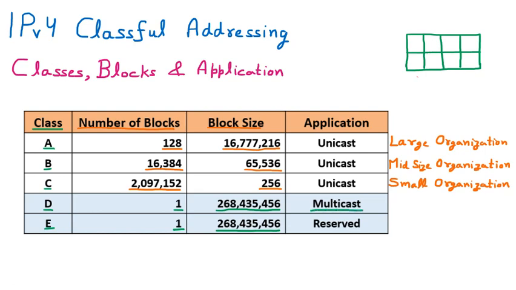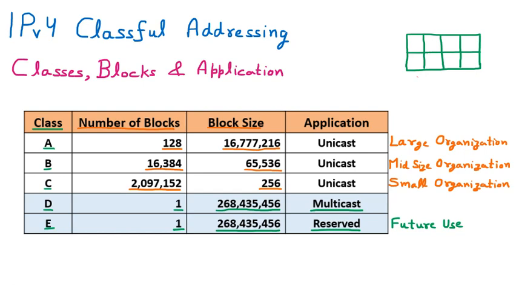Multicast means whenever we are sending a message to multiple people, this class D is used. So class D is not used for general purposes, it is only for multicast. Then talking about class E, that is reserved. Reserved means it is used for testing or future uses. So class D and class E are not for normal people.